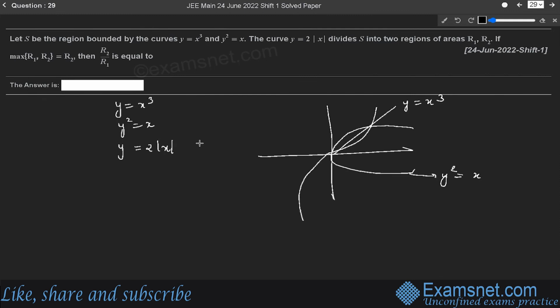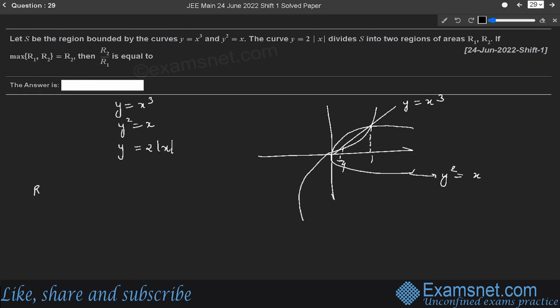So here this point will be 1 and this intersecting point of these 3 will be 1 by 4. I hope the diagram is clear to you. You can clearly see that curve 1 and curve 2 intersect at (1, 1) and curve 2 and curve 3 intersect at (1 by 4, 1 by 2).